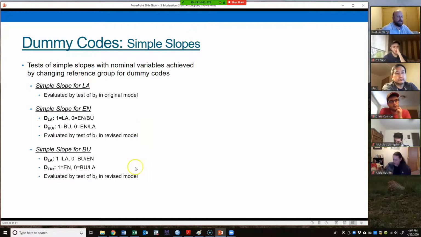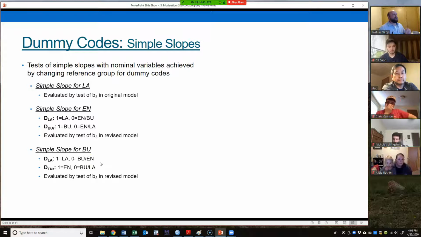And if I do it again, this time recoding, now I've got my dummy for liberal arts, where 1 is liberal arts, 0 is business and engineering, and a revised dummy for engineering, where 1 is engineering, 0 is business and liberal arts. Rerun my model. My coefficient for GPA is now my simple slope for business. Okay, so we're just playing around.